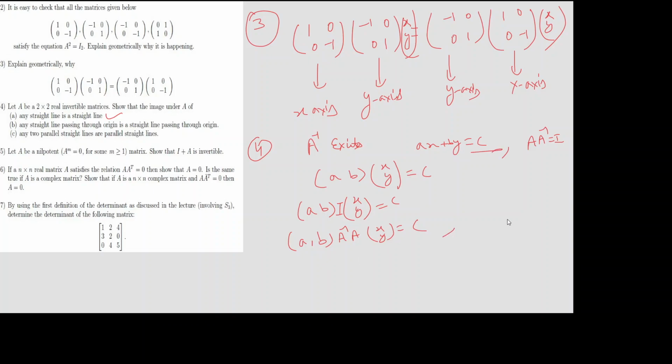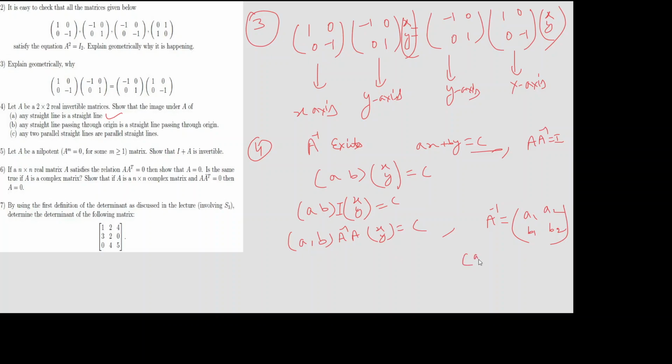So if A is invertible, that means A inverse will have some entries, let's say A1, A2, B1, B2.